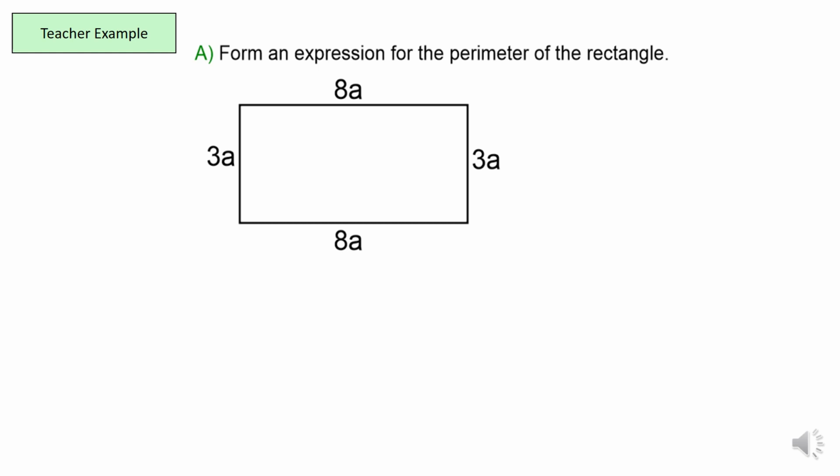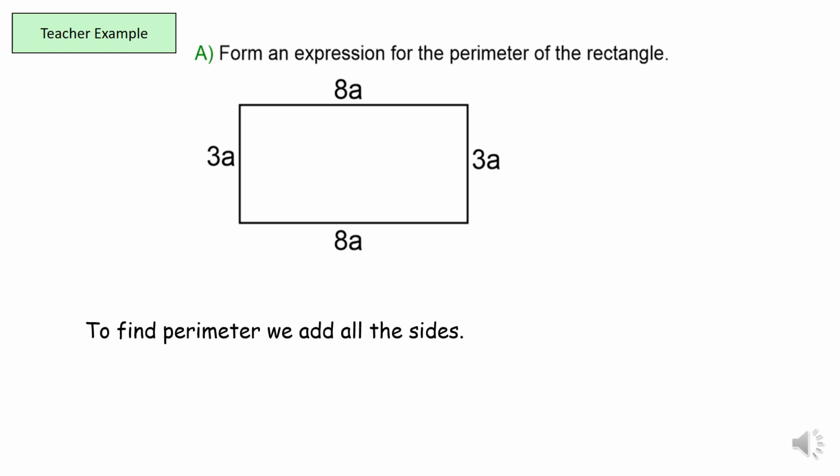Now the question is asking us to form an expression for the perimeter of the rectangle. As we know, perimeter is the total of the outer lengths of any given shape. For this question, the lengths that we've been given are 8a and 3a, 8a and 3a again. So that's what we're going to add together, because this is the only information that we have.